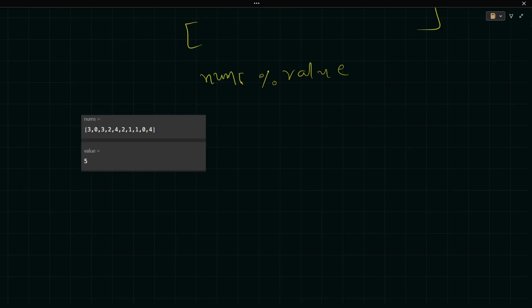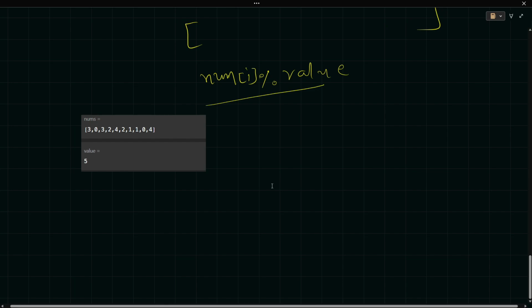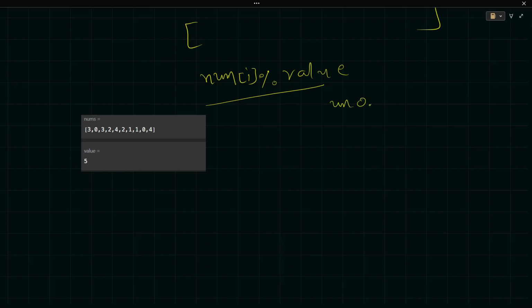Whatever nums of I modulo value is, we would take a frequency array or frequency data structure. I will explain later which data structure. Everybody knows it would be an unordered map for direct O(1) access time. So the key-value pair would be what?